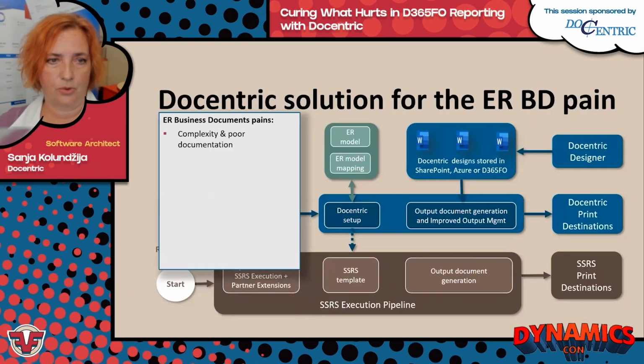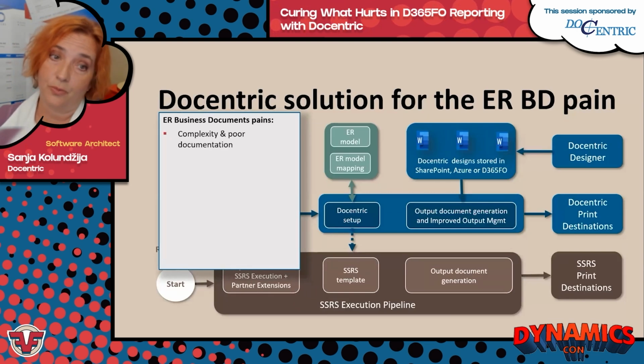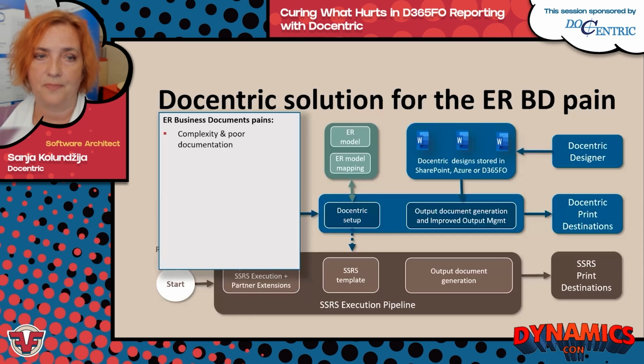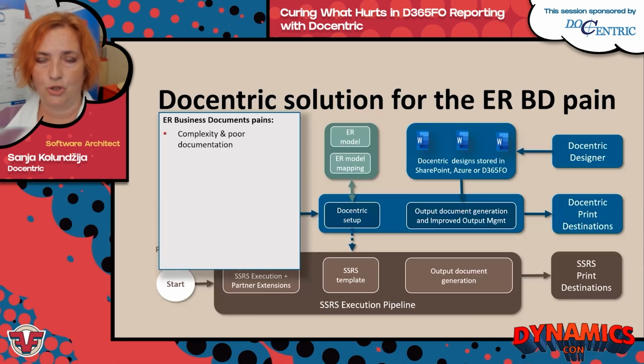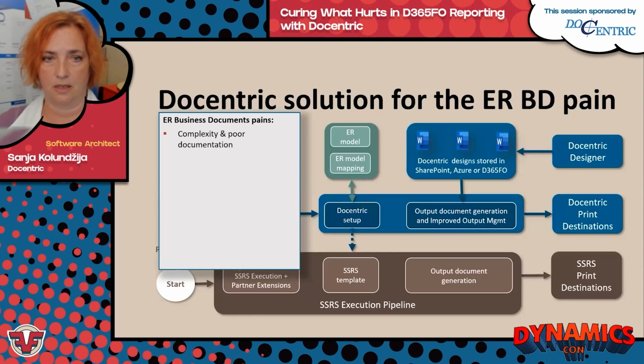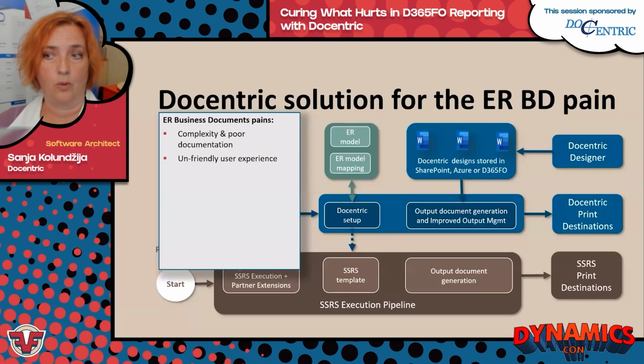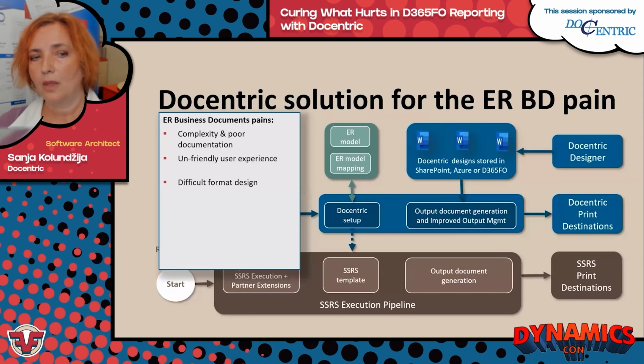So let's quickly go through these. You don't need to deal with complexity and poor documentation. Okay, models and model mappings are complex, but an even much worse part is forms, which we avoided with this configuration. The user experience is great because you are dealing, again, the same as with SSRS, with our Word add-on.